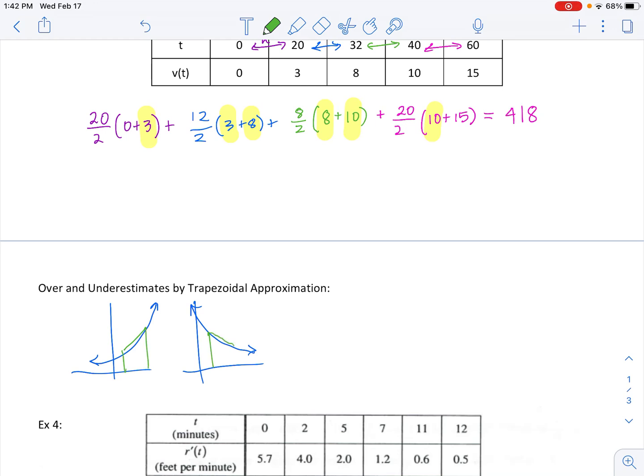You see that there? If I connect any 2 points on this, it goes beyond the curve. It's what we call circumscribed, right? So anytime a curve is concave up, we have over approximations for trapezoids.